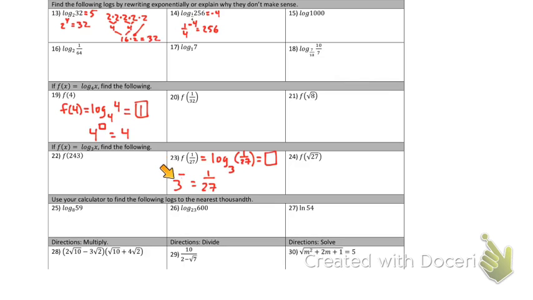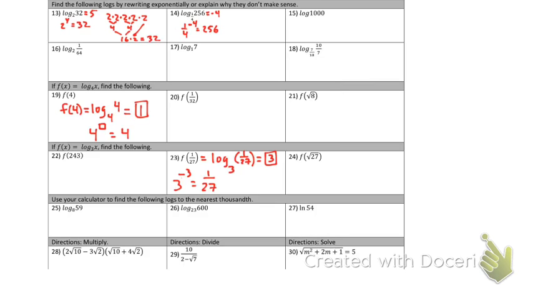Since I took care of the fraction part, negative flips this guy. 3 to the what power gives me 27? Your answer is going to be 3. So my answer to this is 3. All right. Cool deal.